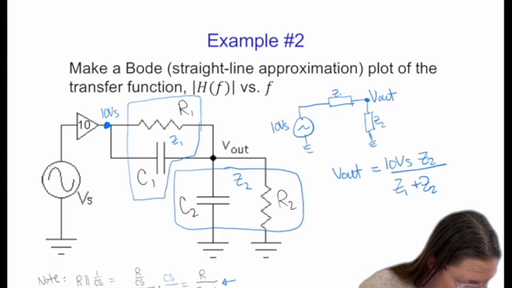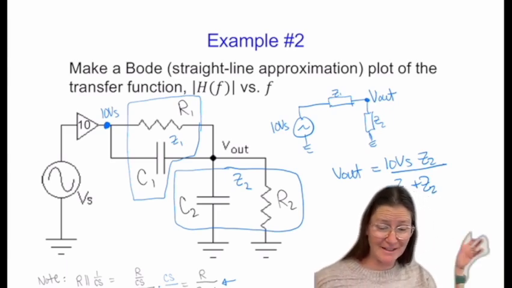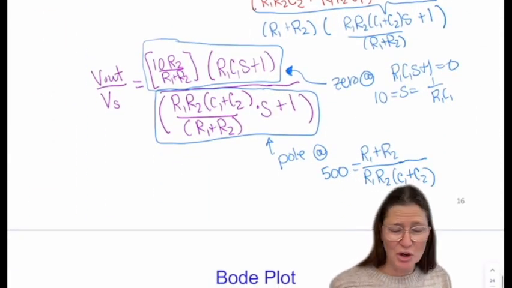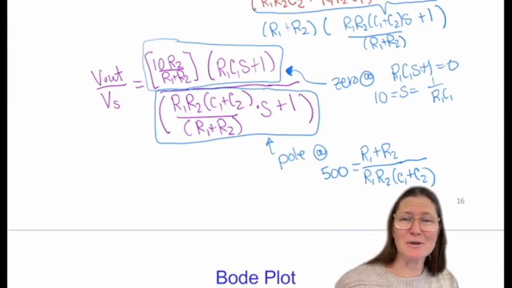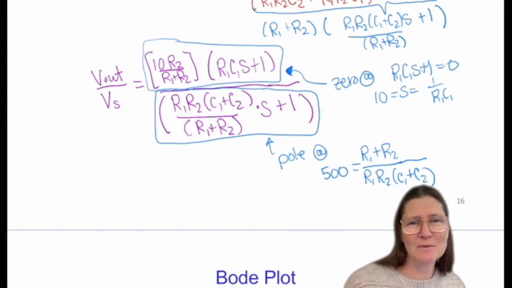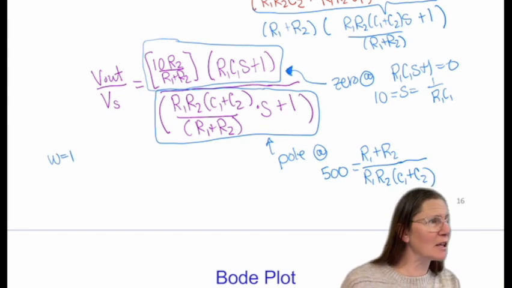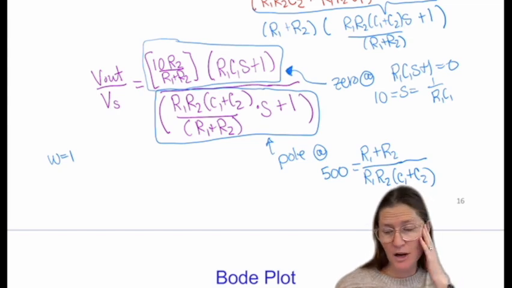R1. I don't have them written down. So assuming that these values gave you the 500 and the 10, you would have to know what R1 and C1 were. I thought I had put them down there. So to do this, I'm going to pick an omega. Omega equals 1 is before either of those two, 10 or 500.